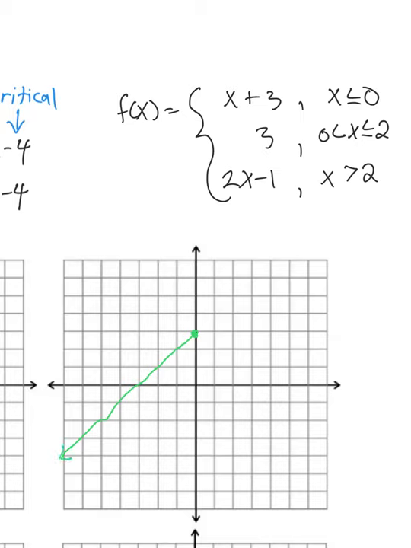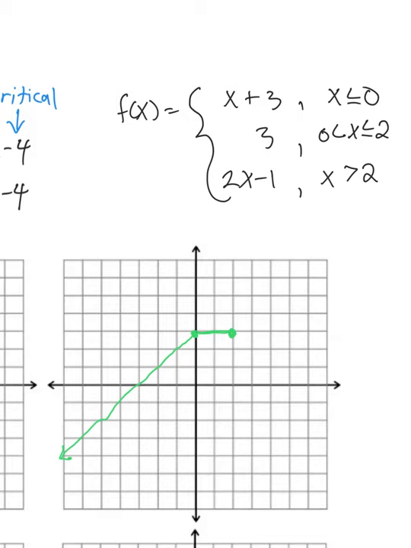I know between 0 and 2, it's first an open dot, and then a closed dot. At 0, it will be 3. So there we already have a closed dot. We don't have to put in another one, but at x equals 2, it should equal 3. That is an equal to, so it will be another closed dot. I'm just going to draw a horizontal line like so.